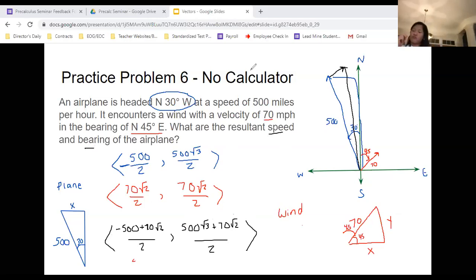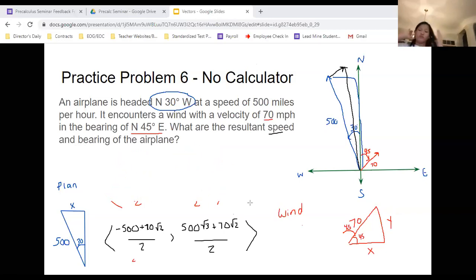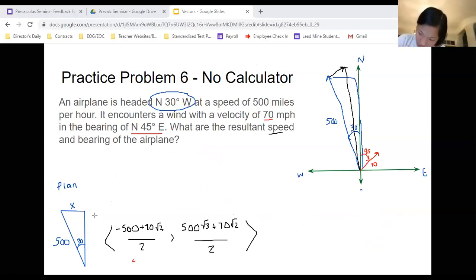So to find the speed, I can do the Pythagorean theorem. And with this, you would absolutely use your calculator for it. I've gone ahead and solved it. Let me make more room here. I'm going to get rid of all this stuff over here.